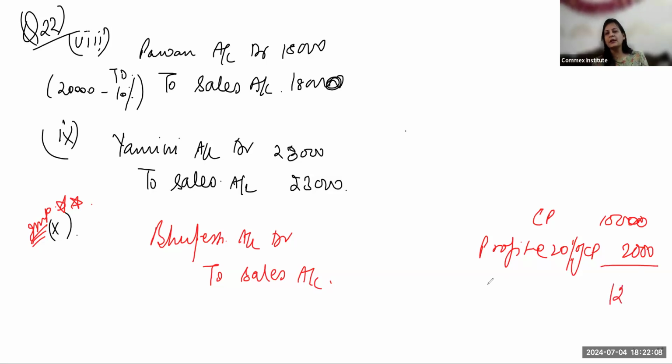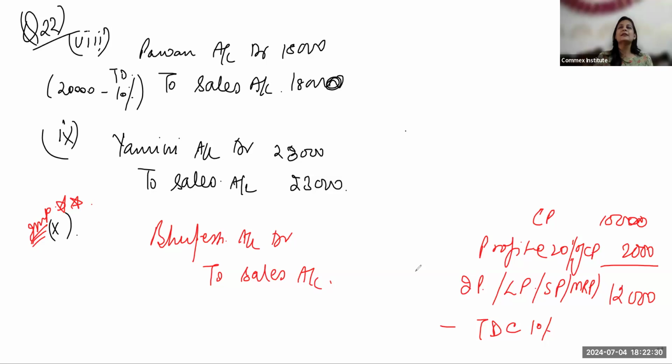So my selling price, or what you call the list price or the MRP or the invoice price, is 12,000, whatever name is used in the question. That is why I keep on repeating all these terms. So it is 12,000, and then 10% trade discount. So here one step increases.